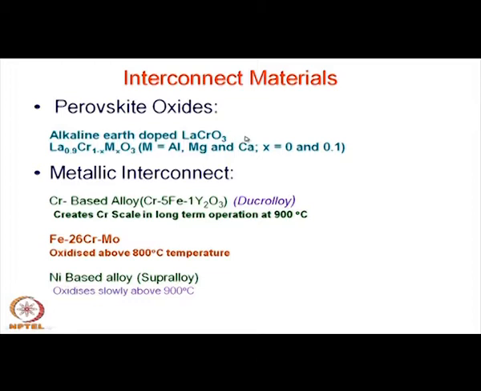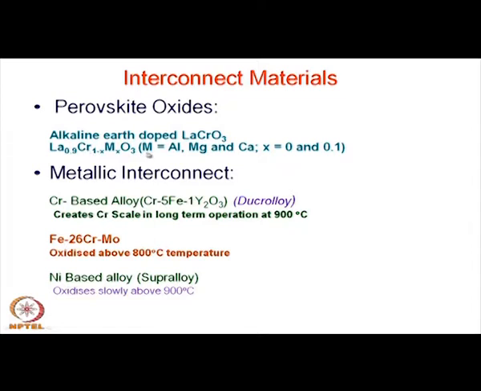It is not only pure lanthanum chromite, but some dopants can also be used as a sintering aid, because it has to be again like the electrolyte. This material also has to be a very dense material because there should not be any molecular diffusion of gases through this material between the two chambers, two enclosures.